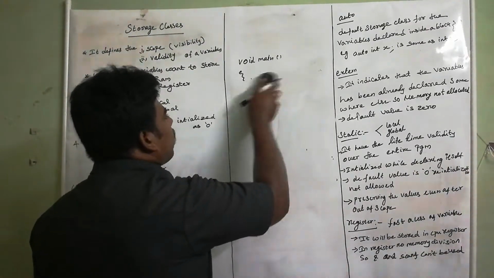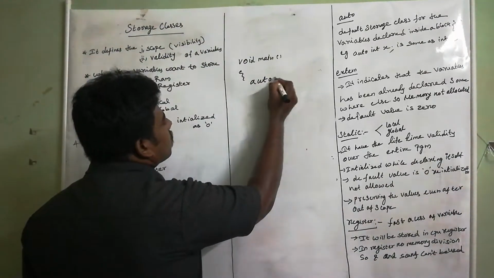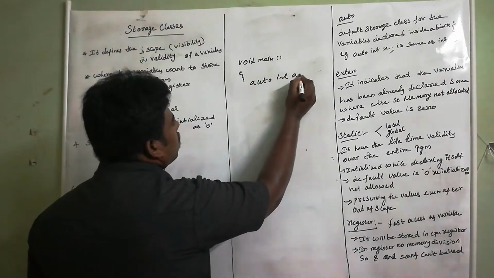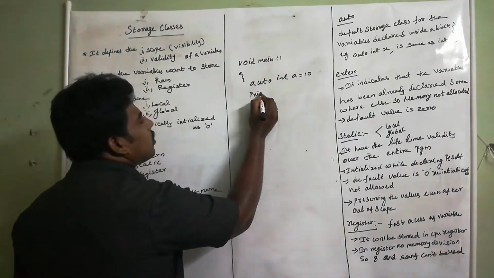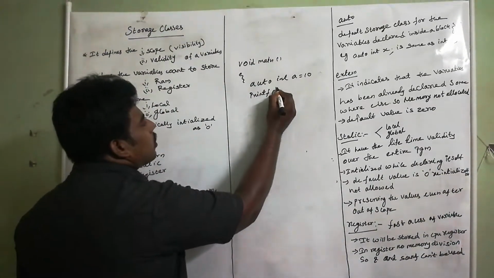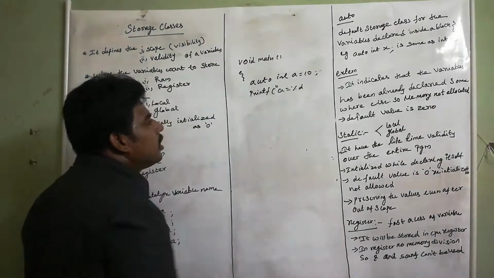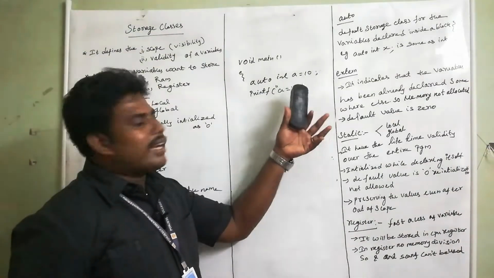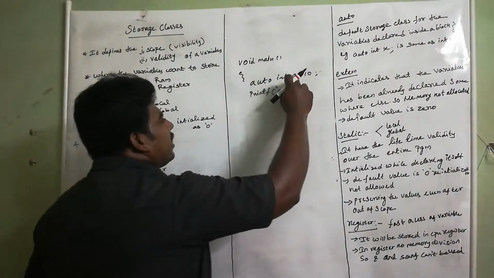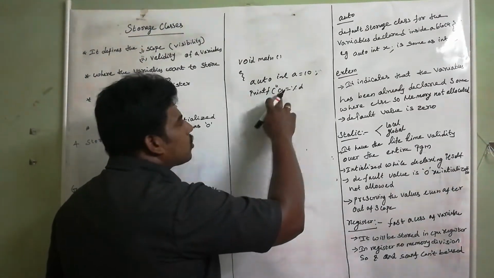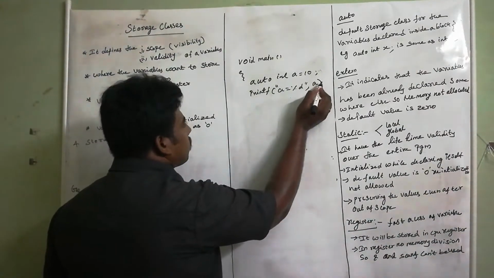So here we write auto int a equal to 10. Printf a equal to, I am going to print. First I declared int as the data type, a as the variable, 10 is the value. Now I am going to print this a. So a is an integer: a equal to %d comma a.